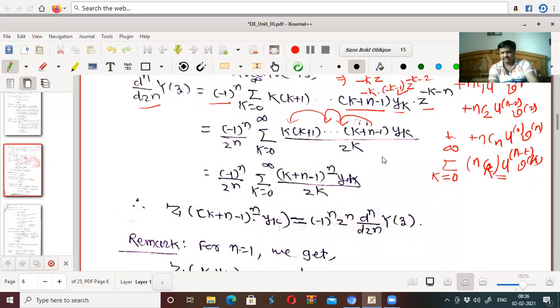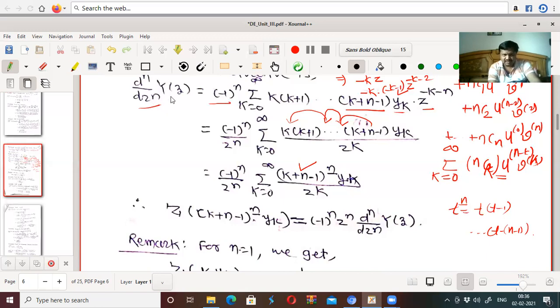We know that t to the falling n is t into t minus 1, decreasing up to t minus n plus 1, so n times decreasing. It starts with k plus n minus 1 and ends with k. So k plus n minus 1 to the falling n, yk upon z raised to k.